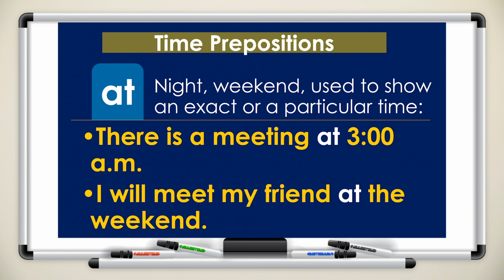For example, there is a meeting at 3 a.m. So here I'm referring to a specific time, at 3 a.m. Okay? Another example, when I say, I will meet my friends at the weekend. So at the weekend is when I refer to the weekend. This is also a time preposition.